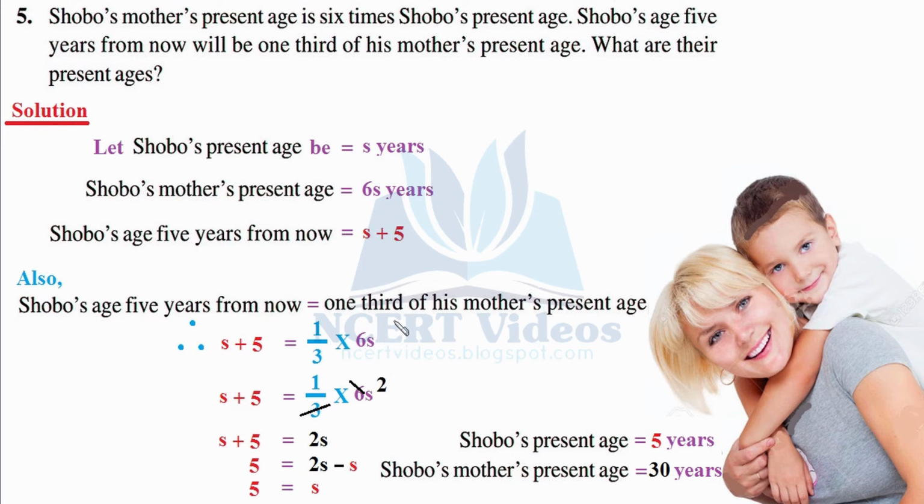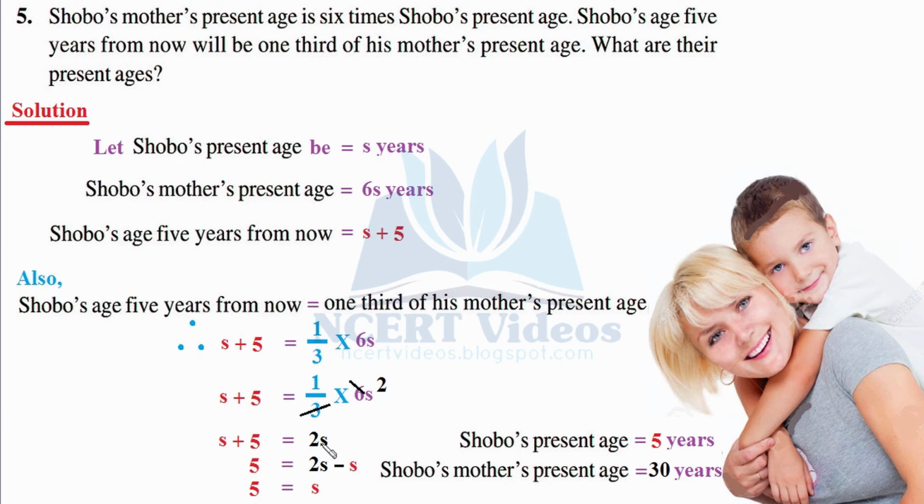So in the first step, we write the found equation as it is. So we wrote the same, cancelling opportunity. 1 3 is a 3, 2 3 is a 6. Now S plus 5 equals as it is. Solve it. 2S we have on the right hand side. So we wrote 2S. Now we shall transpose this single S from the left hand side towards the right hand side. Here it is positive.